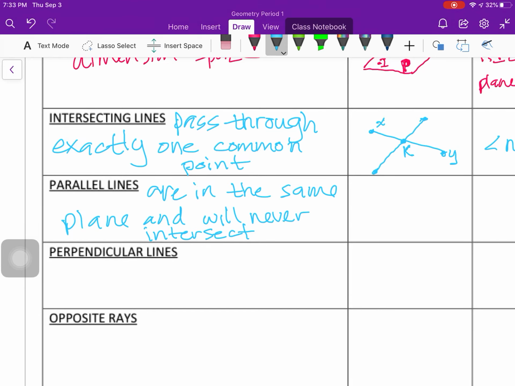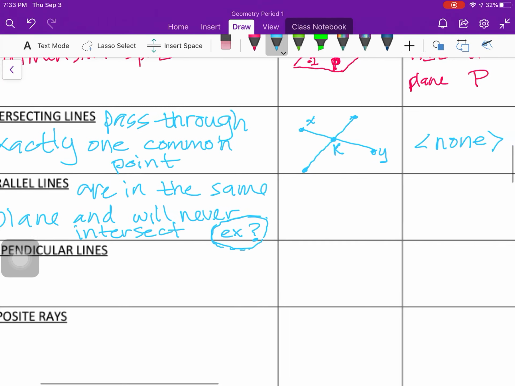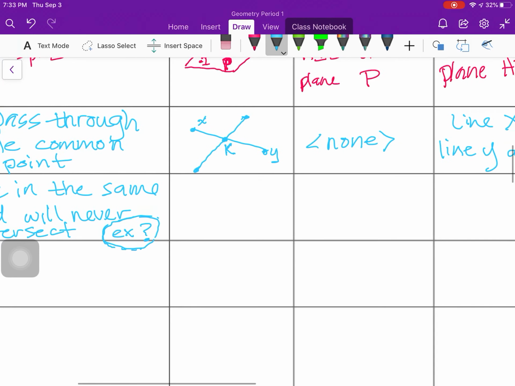Think about some examples of that. Bring those examples to class. I'm going to put on here example, question mark. Think about your plane and think about two lines on that plane that are never going to cross paths.